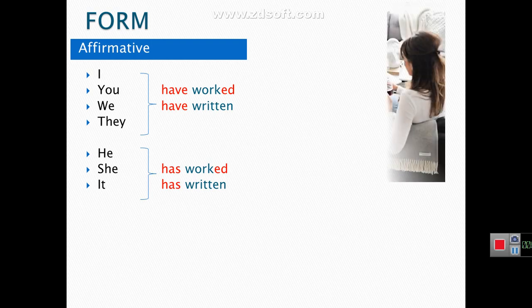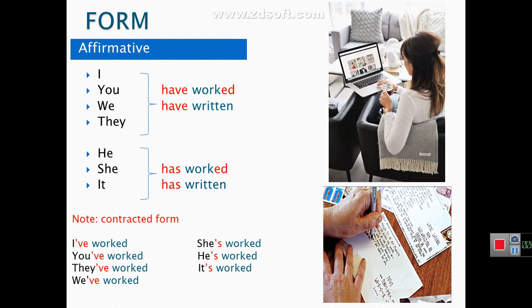Okay, guys. Note: the contracted form for them is very easy. We are just gonna add apostrophe and ve, but we have to pronounce it like that. I've worked, you've worked, they've worked.